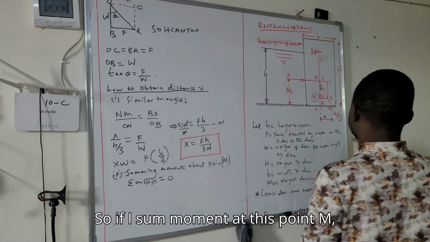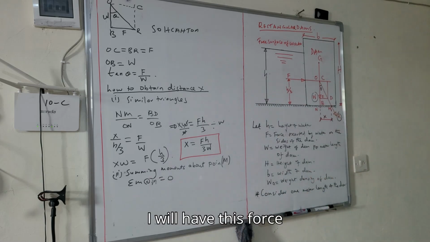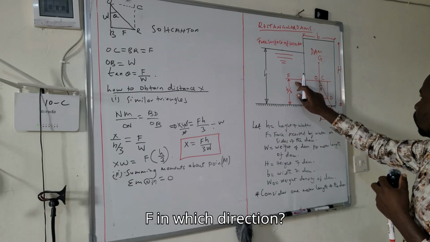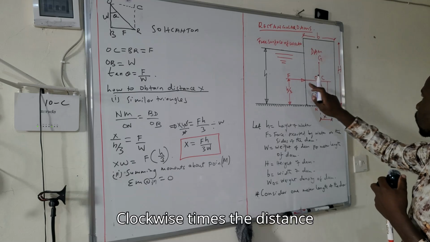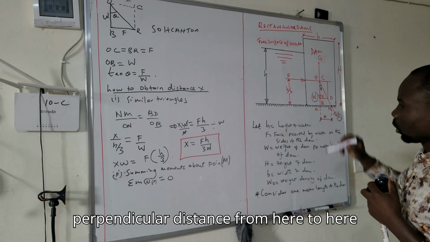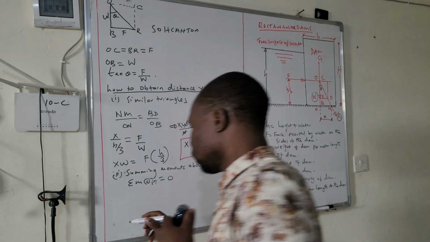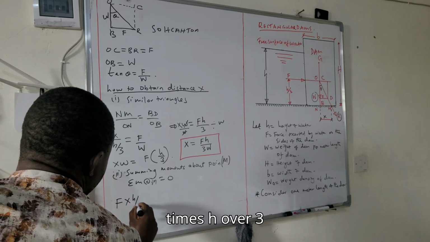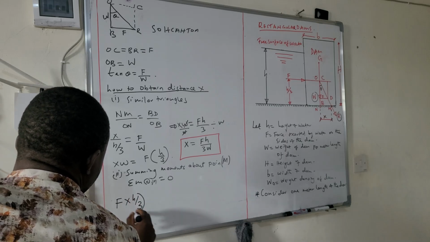So if I sum moment at this point M, I will have this force F, clockwise, times the perpendicular distance from here to here. So F times H over 3.